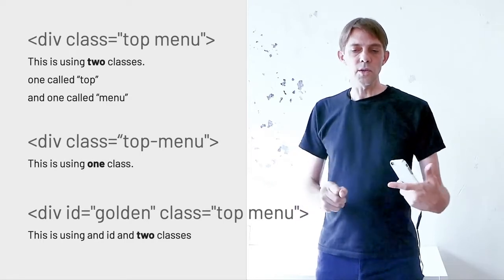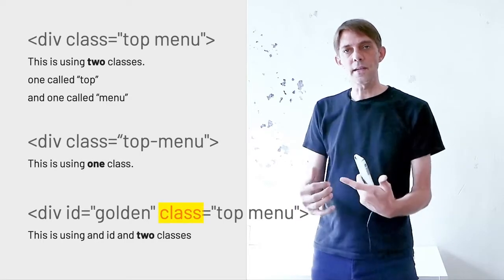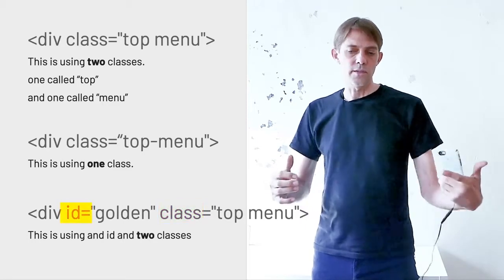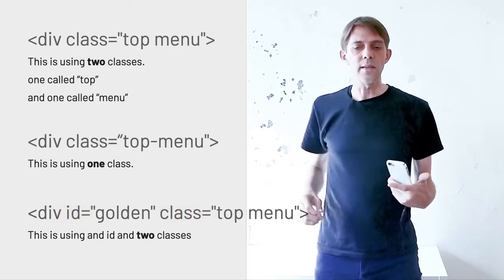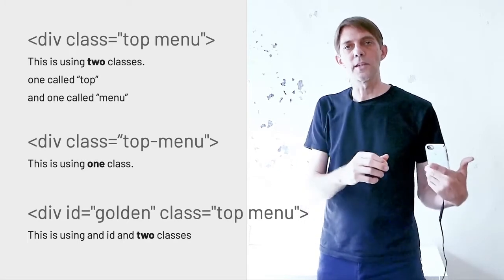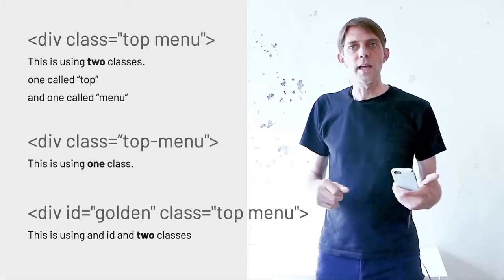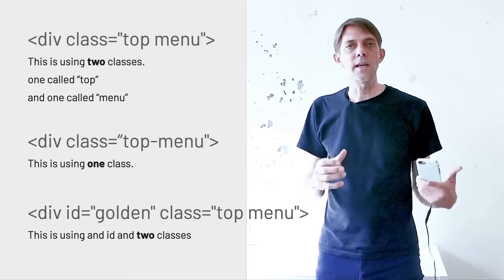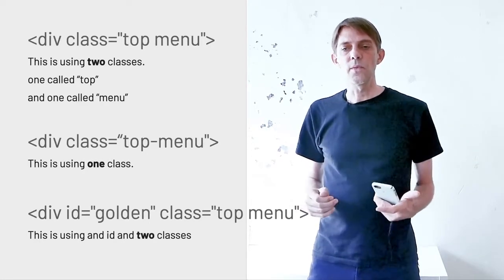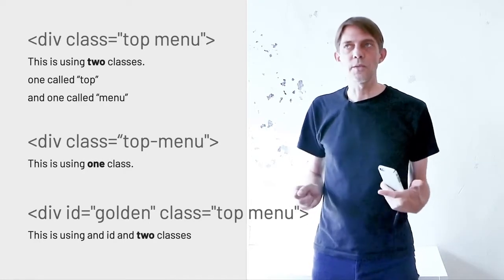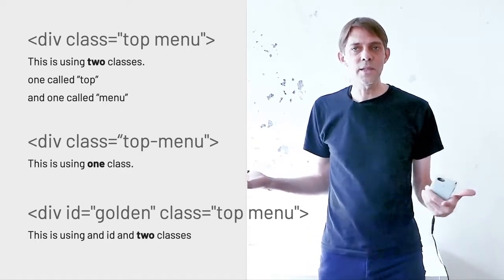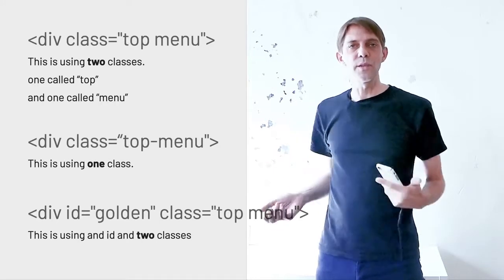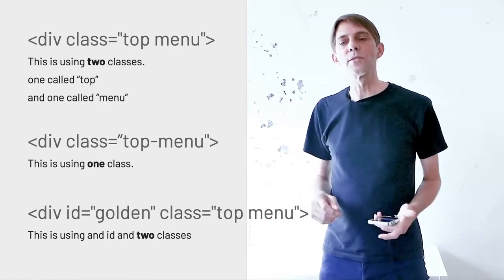You could also add an ID and a class into your div or into your tag there. It doesn't have to be a div. It could be an h1, it could also be an a tag. You can add these classes and IDs into any kind of tag. So there are different opportunities, but if you don't find any other tag around, just use a span or a div. Most of the time, I would say it's a div.